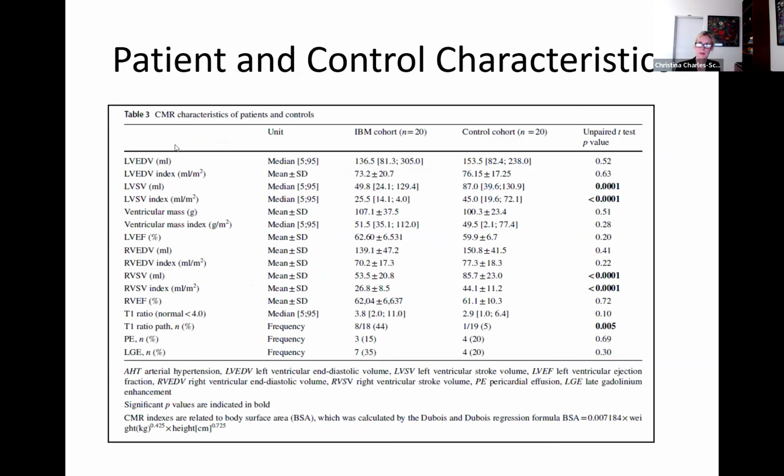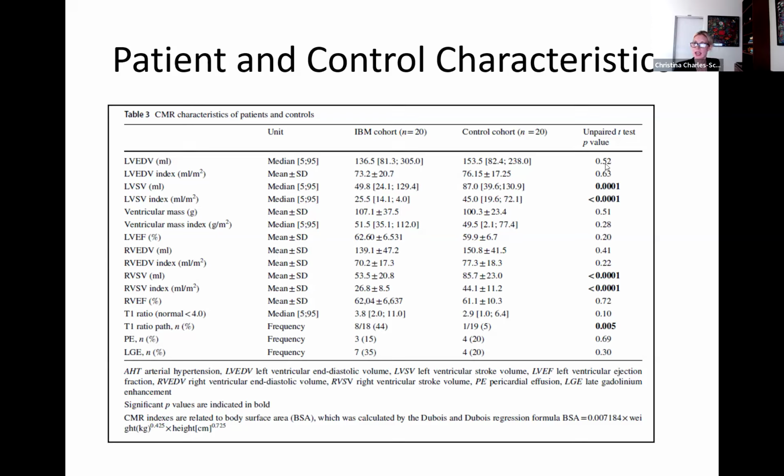This is the cardiac MRI findings. You have a lot of different indices here that they look at, and they looked at it in the IBM patients, and they looked at it in the controls. And here is the p-value, and anything dark here is a significant p-value, which means these two groups are different, right? So in all of these parameters of MRI evaluation, and we're not going to go through them, we don't have the time, but this is left ventricular stroke volume.